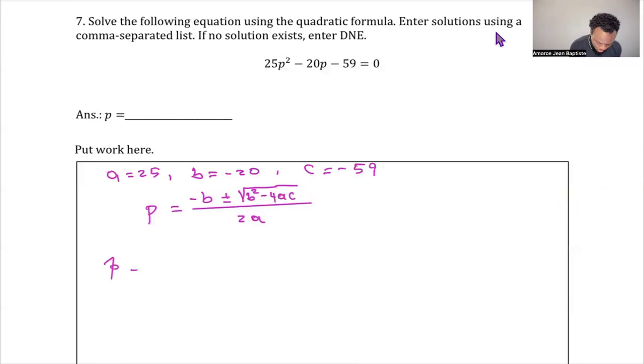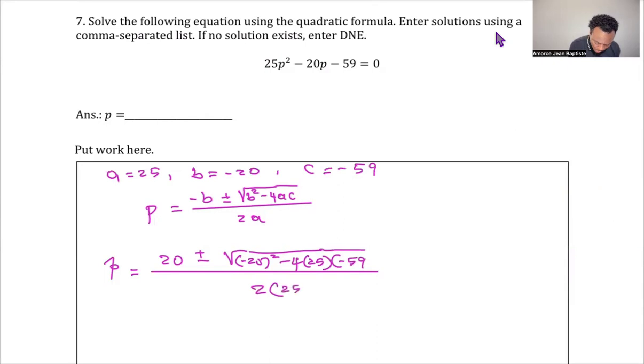So p equals, B is negative 20, so negative B will be just 20, plus or minus the square root of B squared, negative 20 squared, minus 4 times A, which is 25, times C, which is negative 59, over 2 times A, 25.